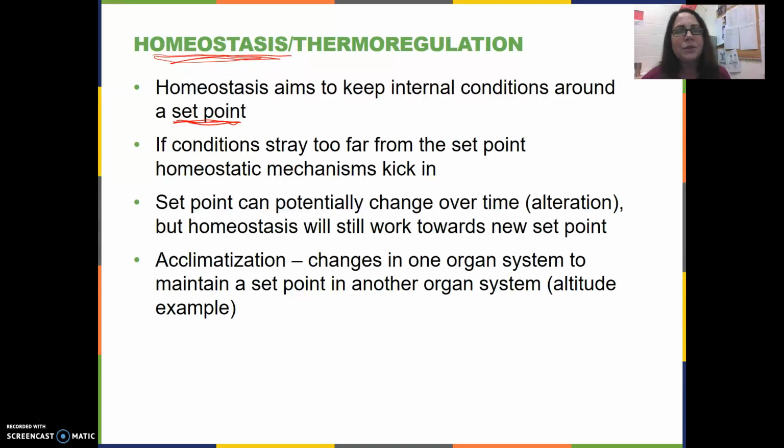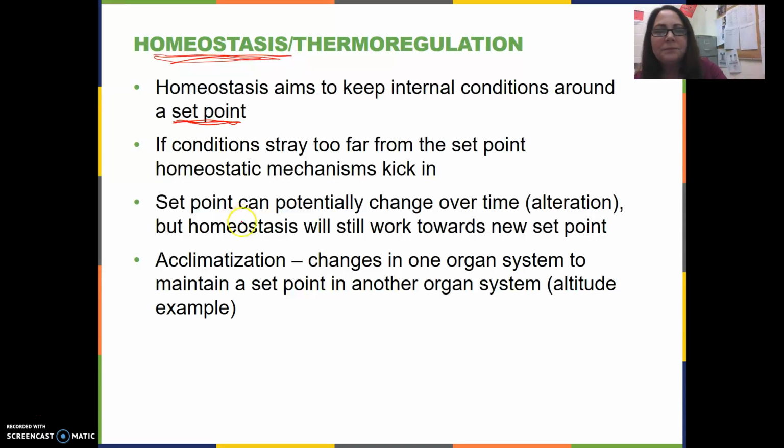But when our body temperature gets too high or too low, our body is designed, we're warm-blooded endotherms, so we have control centers in our brain, in fact it's our hypothalamus, that's designed to lower or raise our body temperature when it strays from the set point.